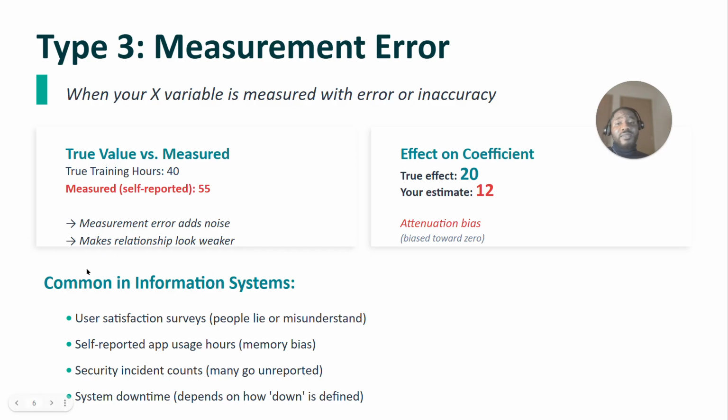About security incidents, maybe some security incidents go unreported. About system downtime, it depends on how you define downtime. So anytime you rely on a survey, on a Likert scale, self-reporting, or imperfect tracking, you need to worry about measurement error causing endogeneity.